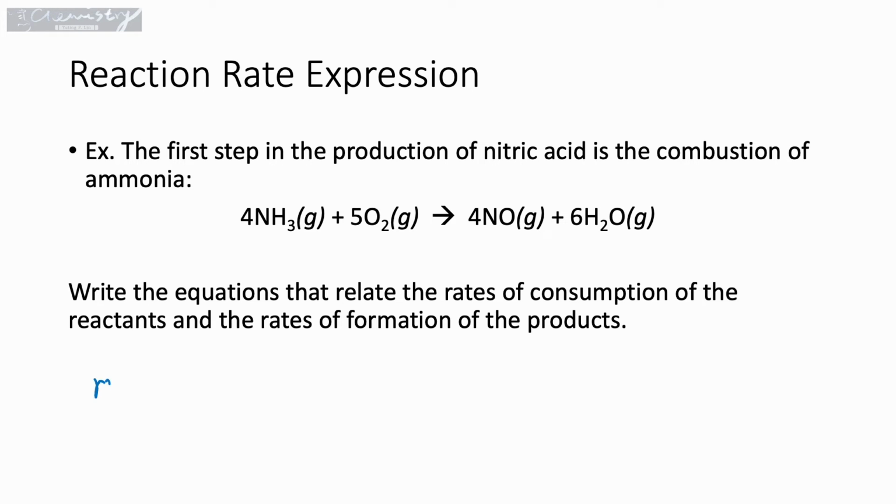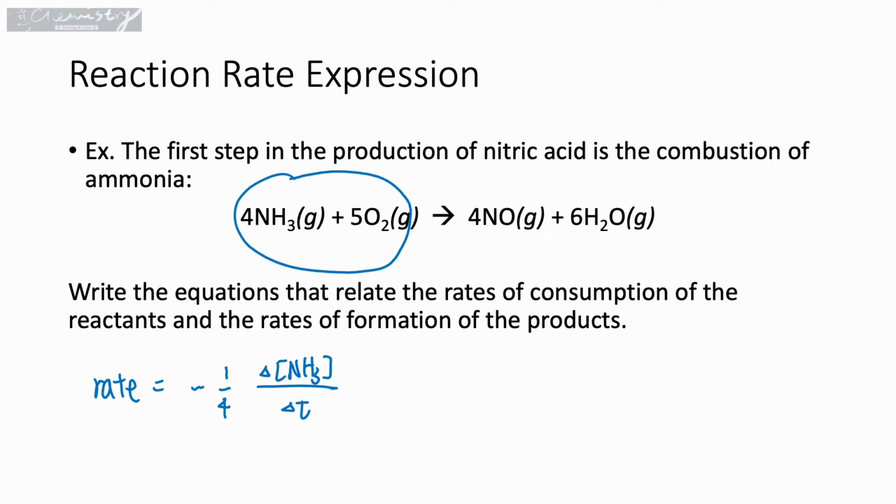In this case, again, we know that the rate is going to equal the negative change in concentration for the reactants because they are being consumed as the reaction proceeds. So the rates in this equation for the reactants are going to be negative. And then the 4 and 5 came from the coefficients because the coefficient basically keeps track of how much things are being used during the reaction.